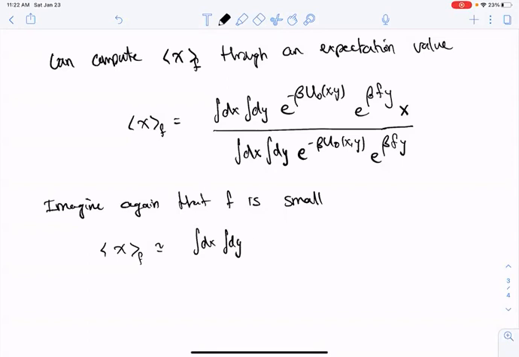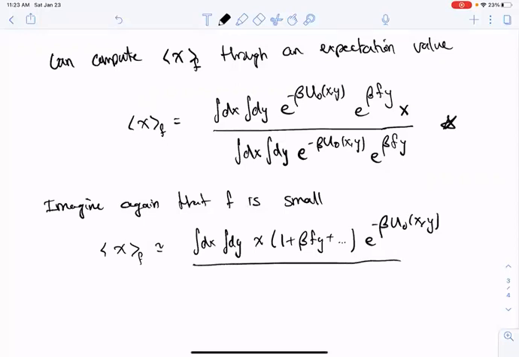I have an x, I have a 1 plus beta f y to first order in f, times the Boltzmann weight in the absence of f. Now note f appears in the numerator and denominator up here. So I need to Taylor expand that exponential in the denominator.